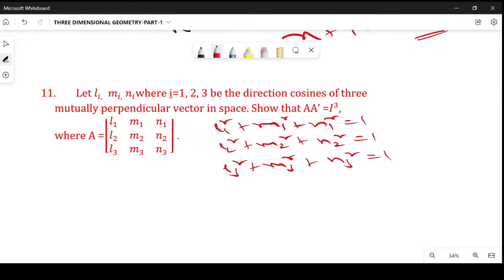and also, because mutually perpendicular, L1 L2 plus M1 M2 plus N1 N2 is equal to 0, right? All the combinations I can write here. All the conditions you'll get like this.